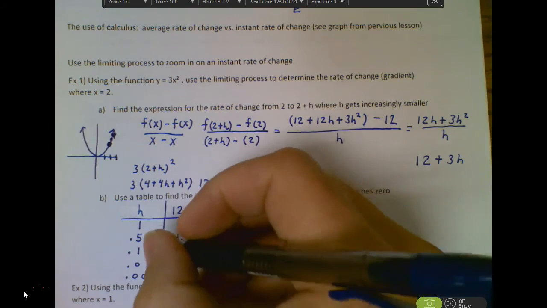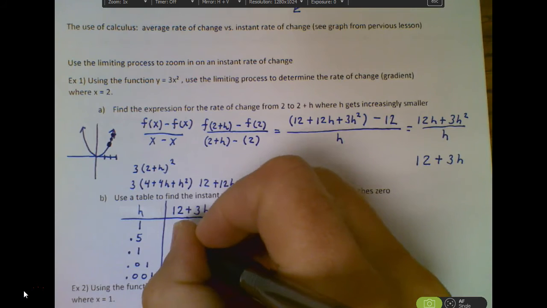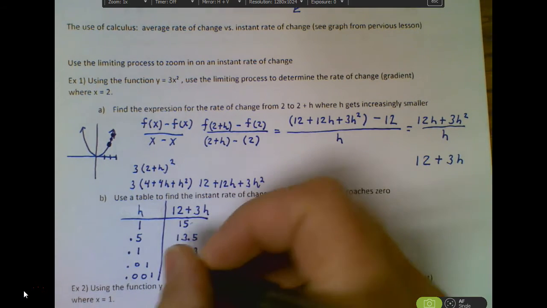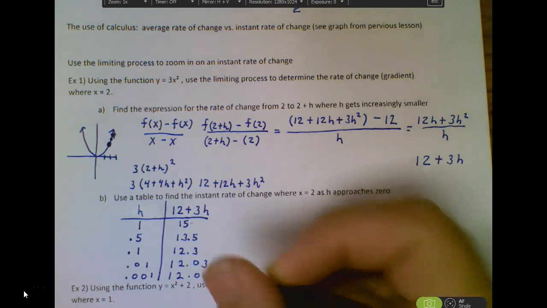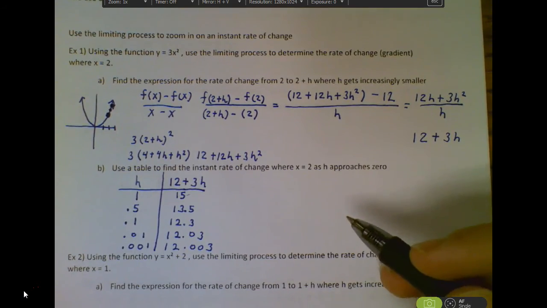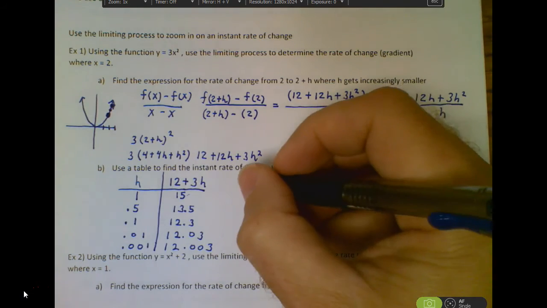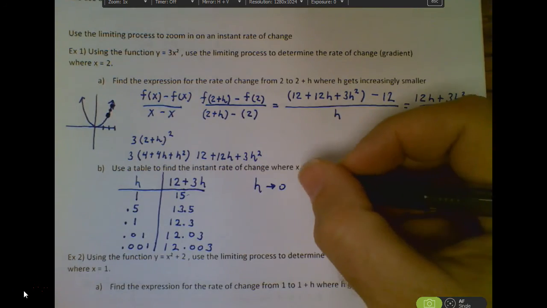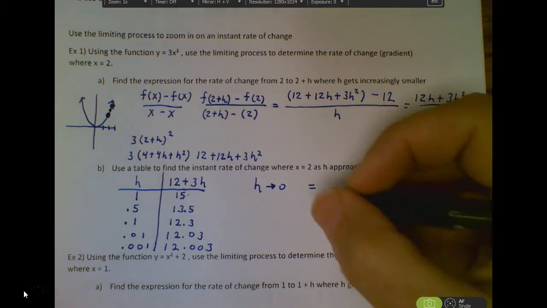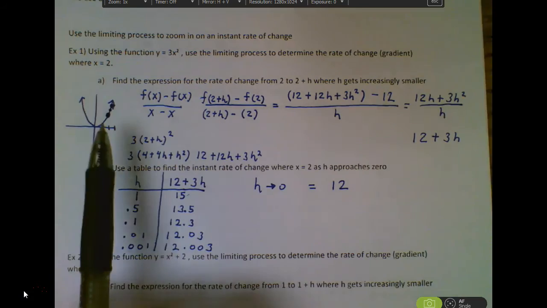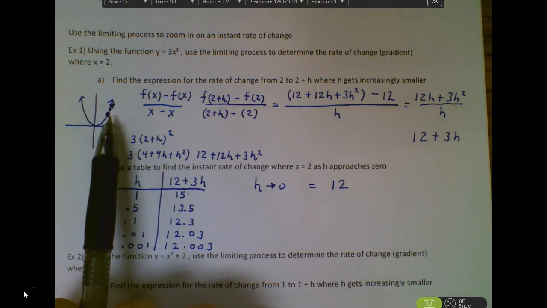So we had 12.3, 12.03, and you can see the smaller I make my h value, the closer I get to 12, which tells me that as h approaches 0, I'm getting a slope of 12, which must mean that the instant rate of change, or the slope, at that one point is 12.